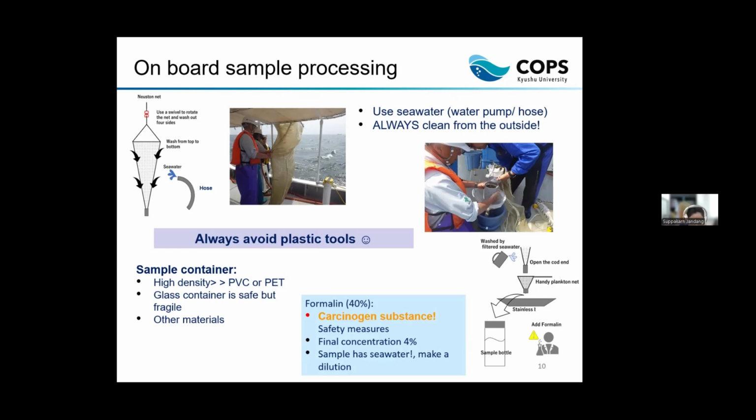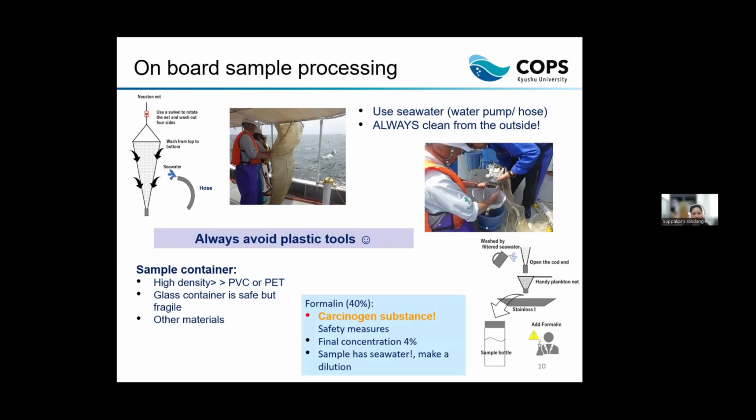And another tip is always avoid using plastic tools. I know it's very difficult, especially when you are working on board, because you think plastic could be easier to carry or to keep. Yeah, totally agree with that.